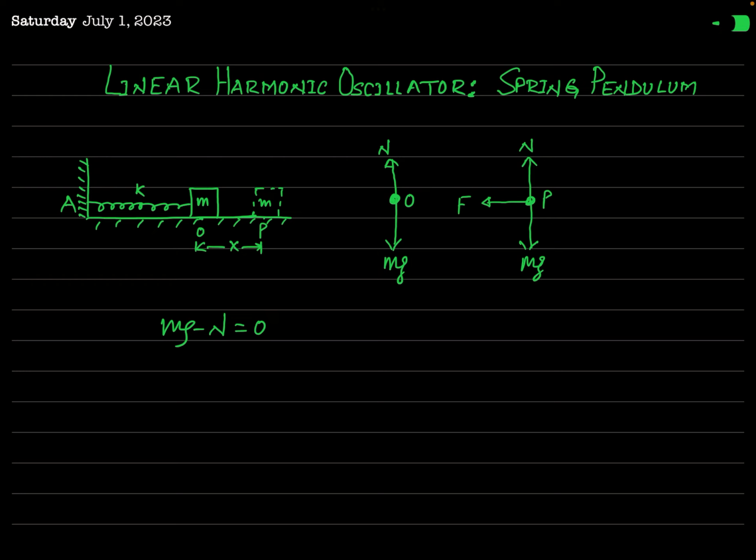Now let us consider that from this equilibrium position the block is displaced by x, so that, according to this figure, the spring gets stretched. On the other hand, you can also compress the spring. So this x is either the elongation or the compression in the spring.